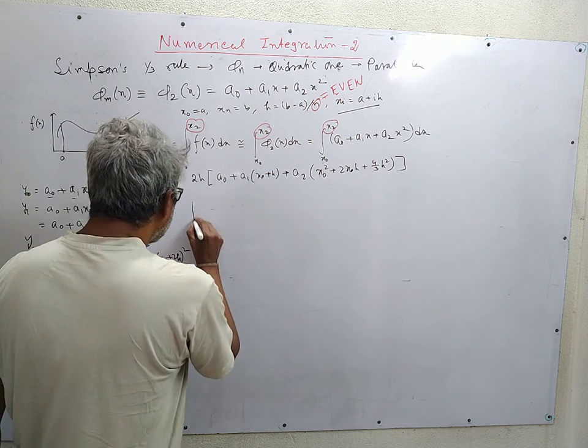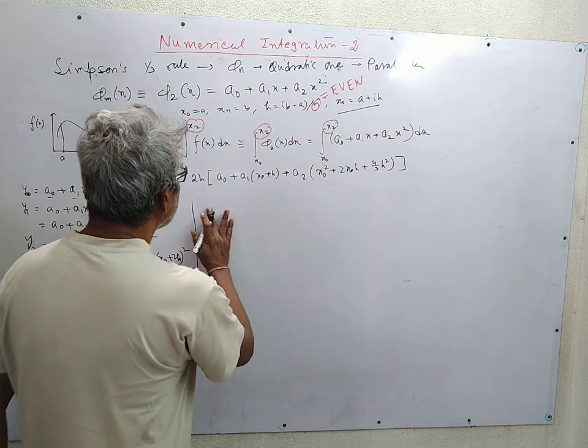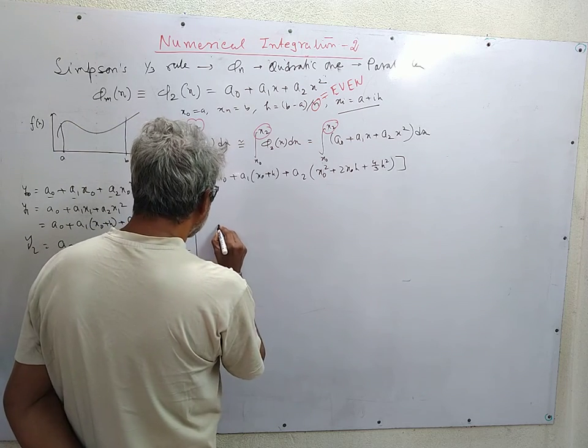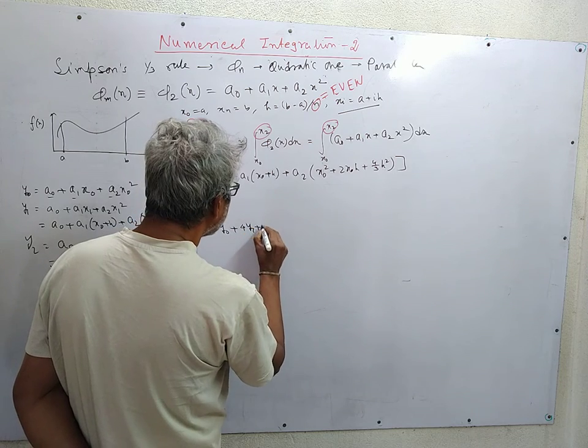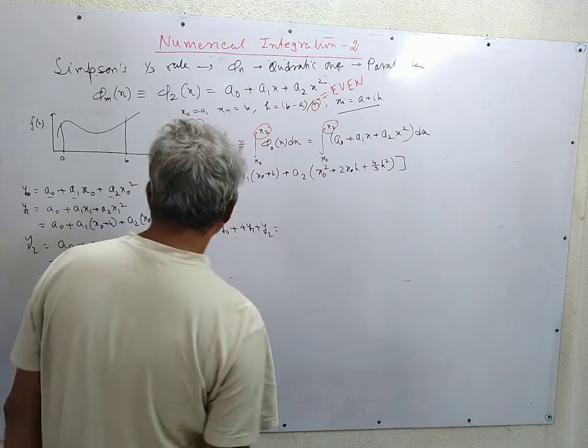Rather, guided by experience, we consider this quantity y0 plus 4y1 plus y2.